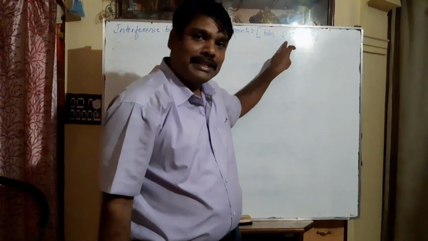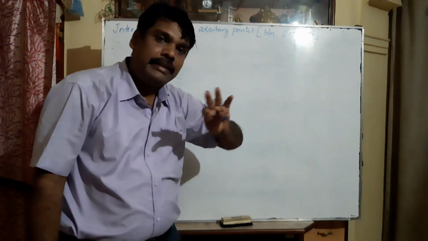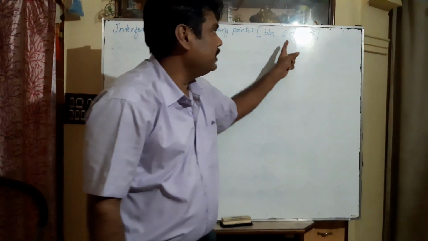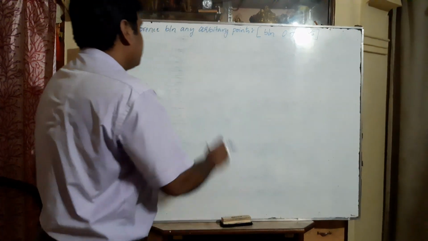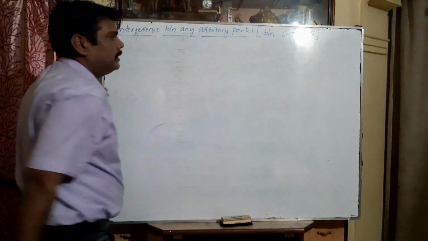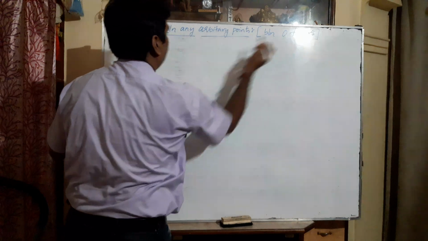Exactly on 0 it is constructive. Exactly on 0.5 it is destructive interference. Suppose the position lies between these two numbers, then how the interference pattern can be considered, that I want to consider. Clear?